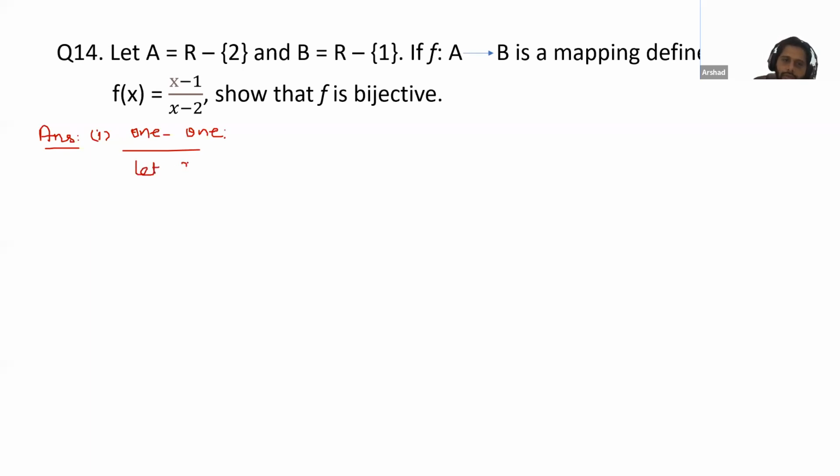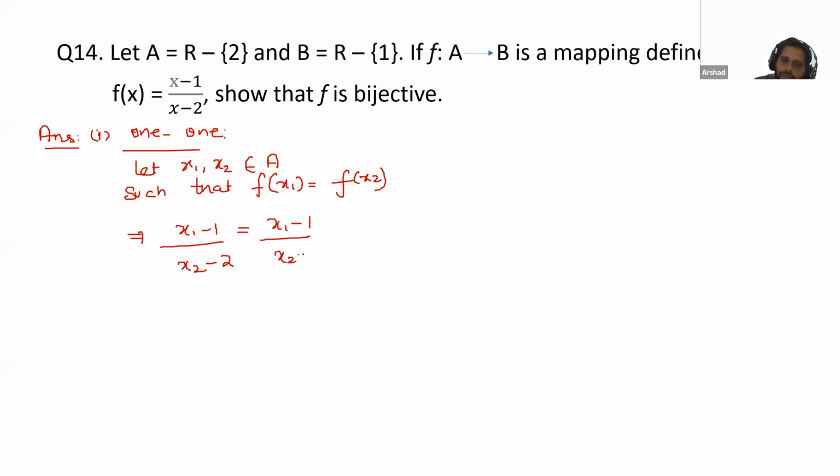You already know that in one-one we assume two values belonging to set A such that fx1 is equal to fx2. This means (x1 minus 1) by (x2 minus 2) is equal to (x1 minus 1) by (x2 minus 2). Just cross multiply these two.